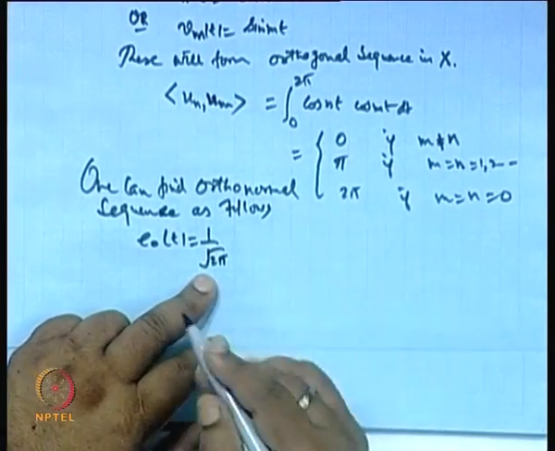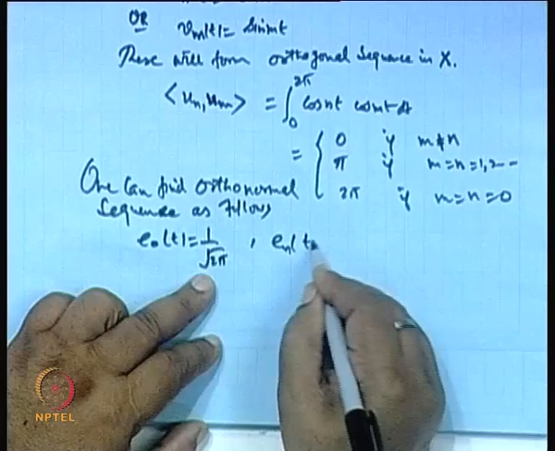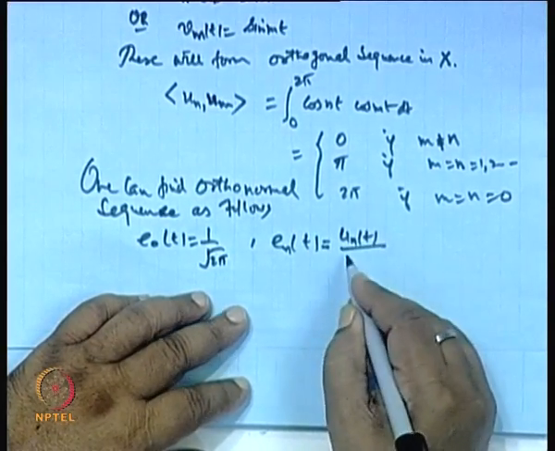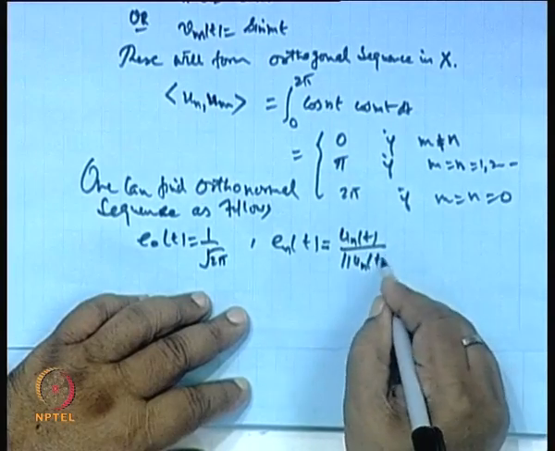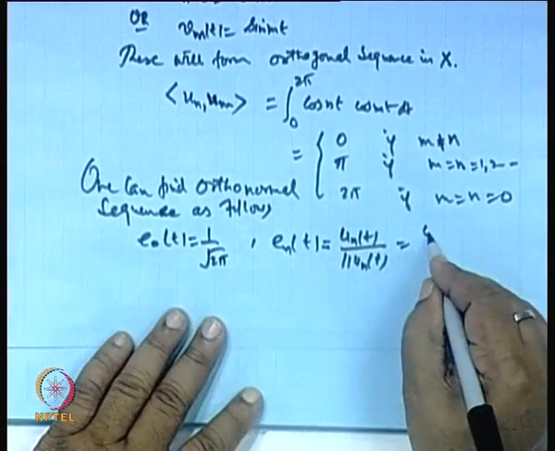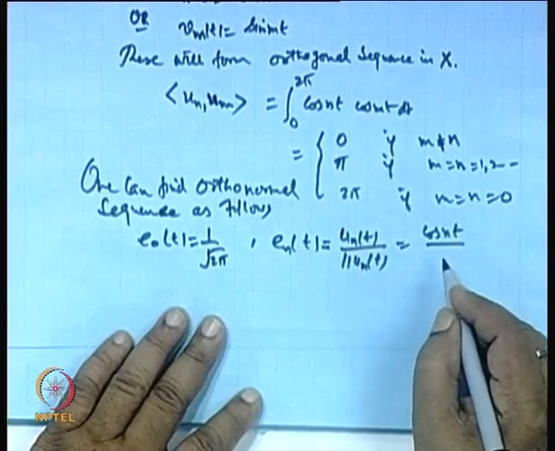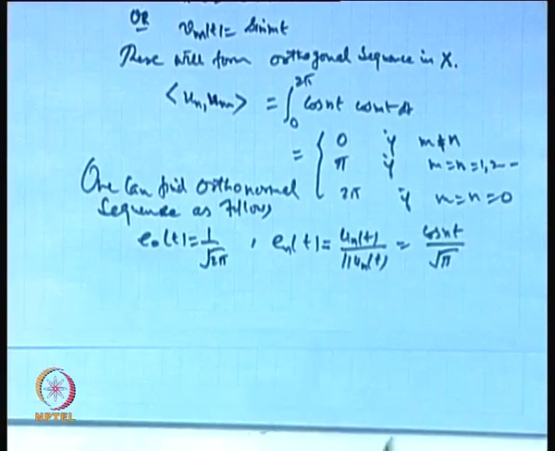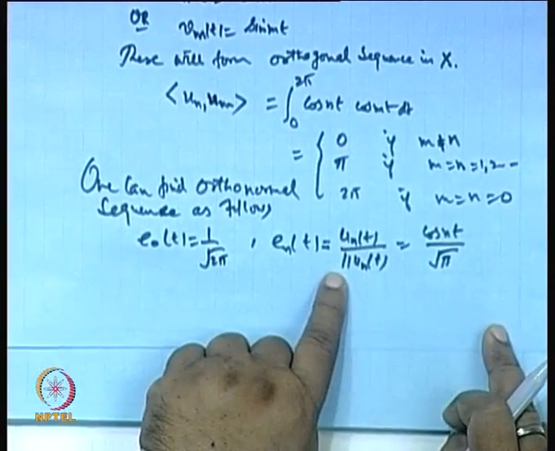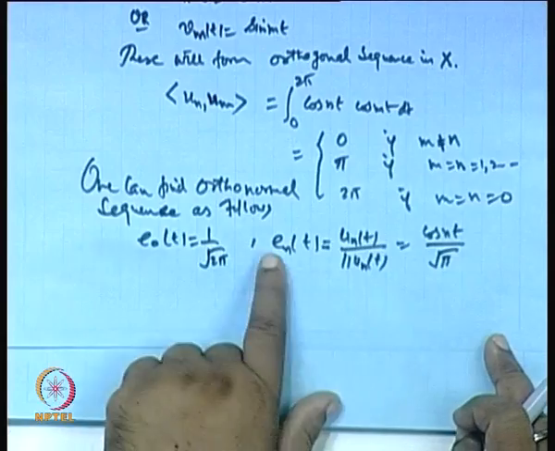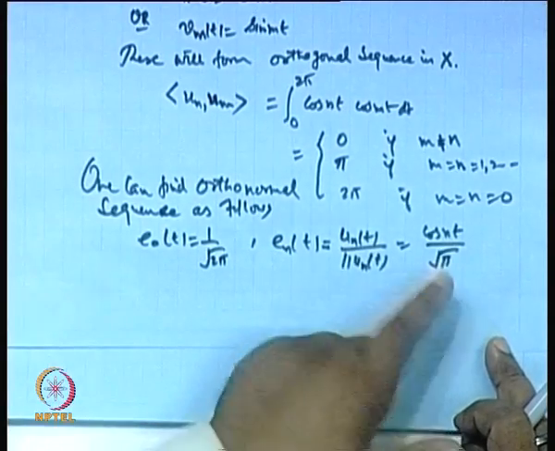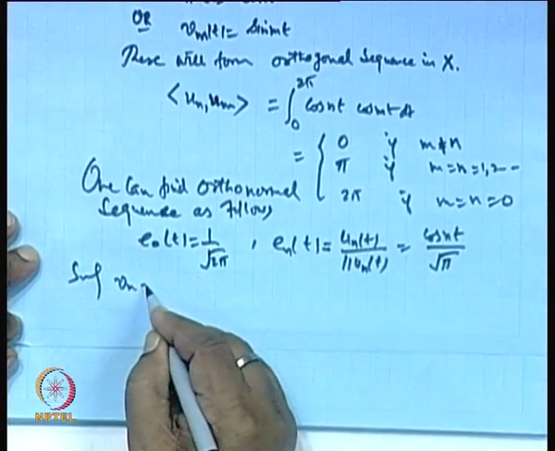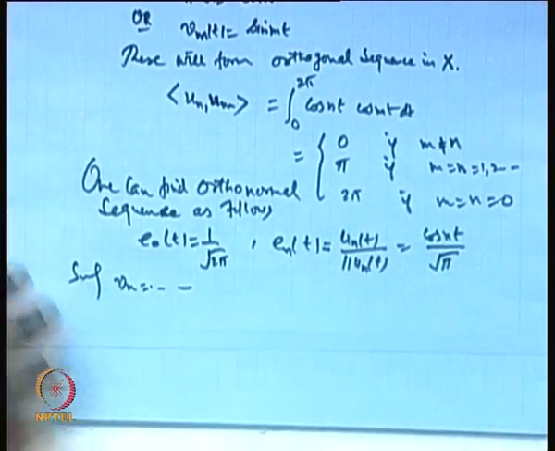So, 1. Then e_n(t) is u_n(t) divided by the norm of u_n(t), and that is equal to cos(nt) over root pi. So, we are getting this sequence not only orthogonal, but the norm of each one will be 1. Similarly, v_n will form an orthogonal sequence.